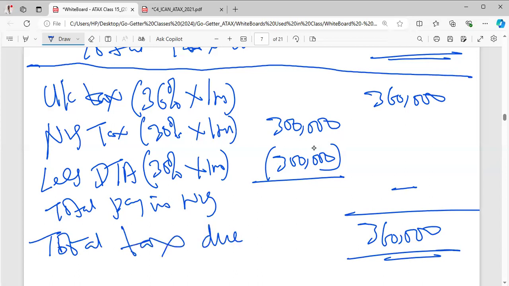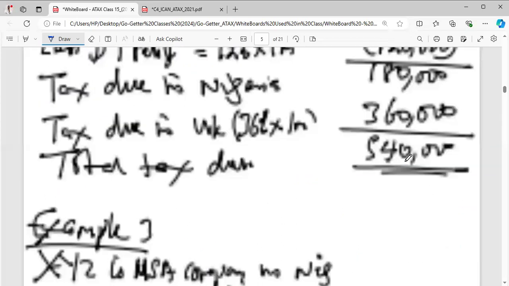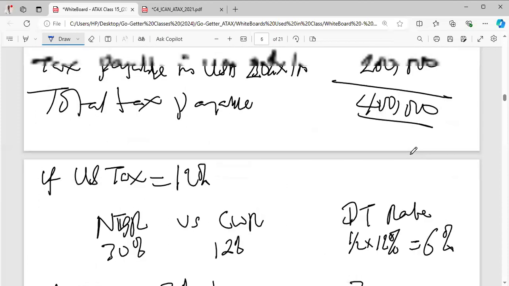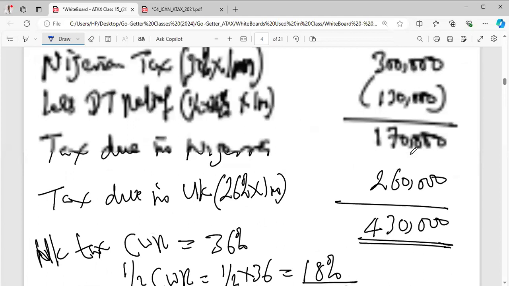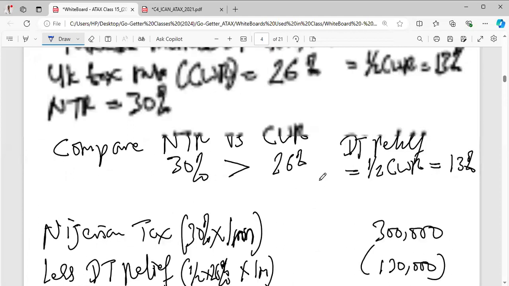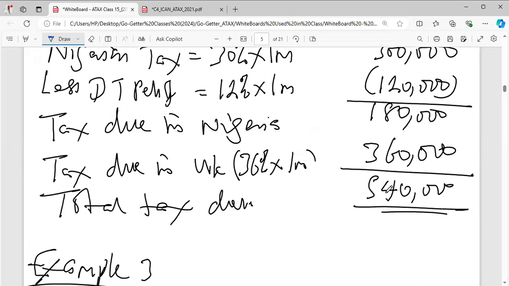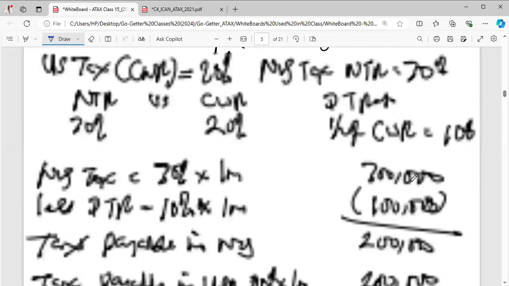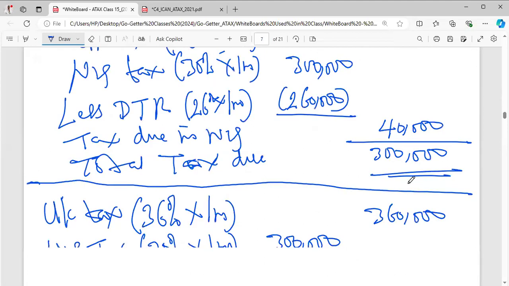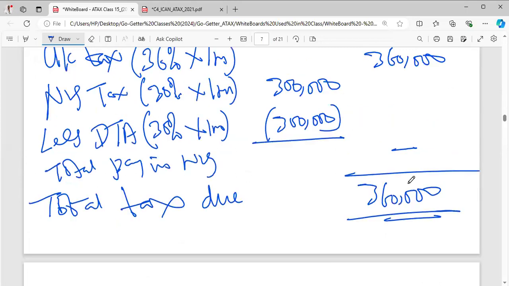Now we have 360 here as against 540. So you see here that when you have a double taxation agreement, it is cheaper for Nigerian companies. So now what do we gain from this?